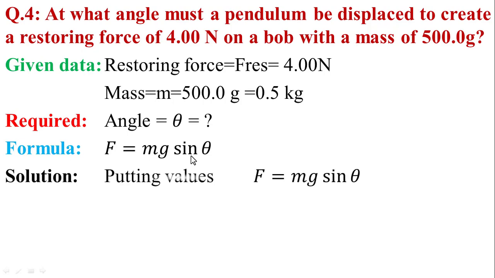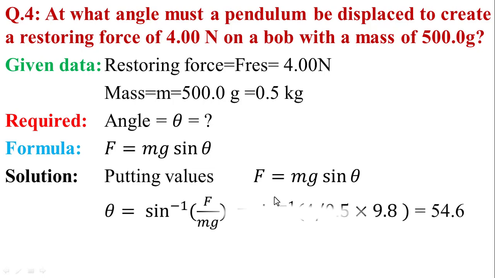Then we use the formula F is equal to mg sin theta, because due to this force the body moves to the mean position. So F is equal to mg sin theta. Now for the solution, putting the values: F is equal to mg sin theta, then theta is equal to sin inverse of F over mg, because here mg is multiplied, so on the other side it will be divided. So sin theta is equal to F upon mg, then theta is equal to sin inverse F over mg.